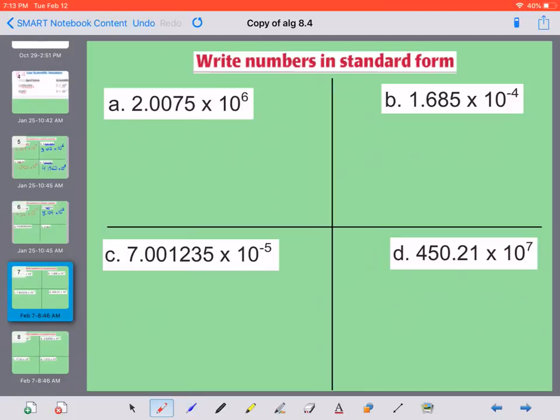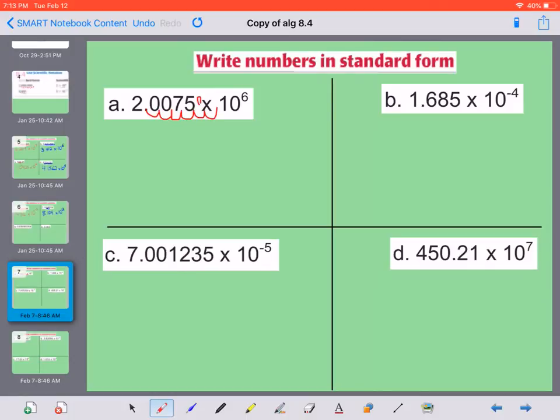So, standard form, we're going to take our number 2.0075, and this says 10 to the sixth. Now, we know that if it's a positive number, we go backwards to make a bigger number. We're going to go backwards 1, 2, 3, 4, now 5 and 6.